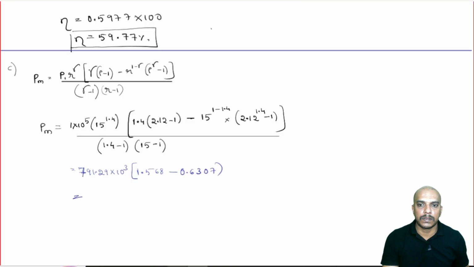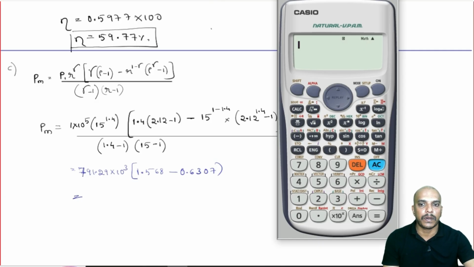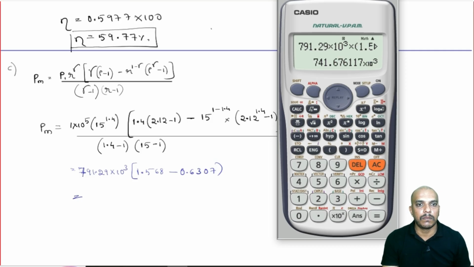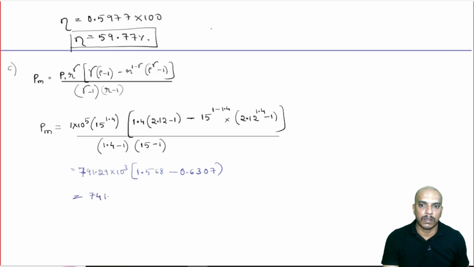This must give us the answer for mean effective pressure. So 791.29 into 10 power 3 multiplied by 1.568 minus 0.6307, that will be 741.67 into 10 power 3 Newton per meter square. So this is our mean effective pressure.